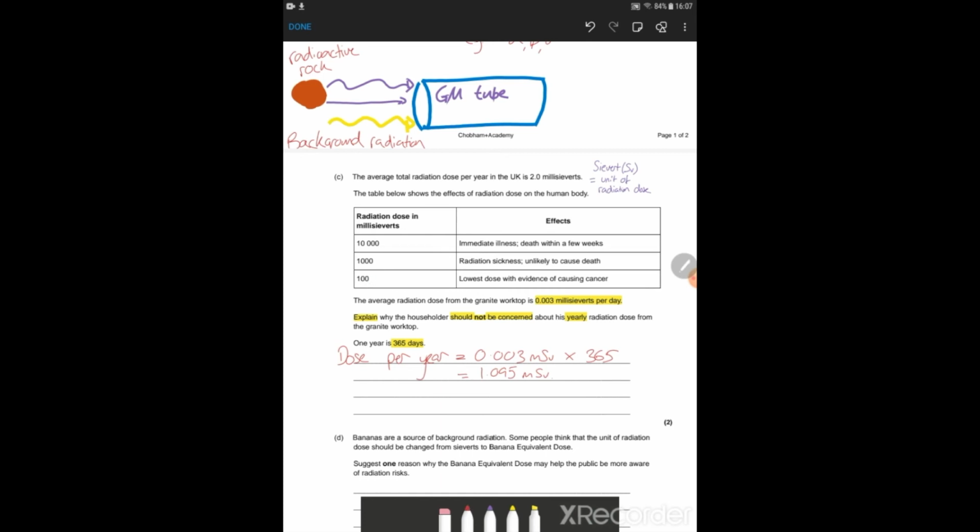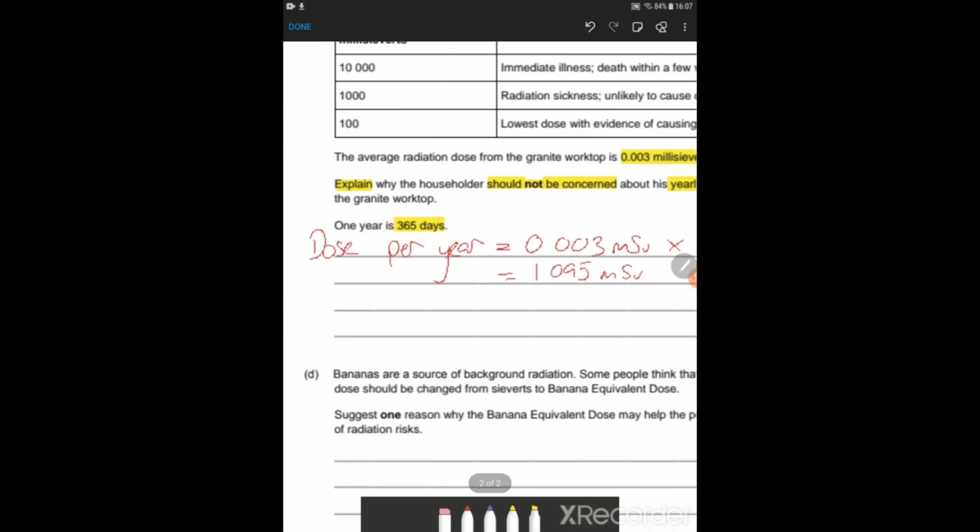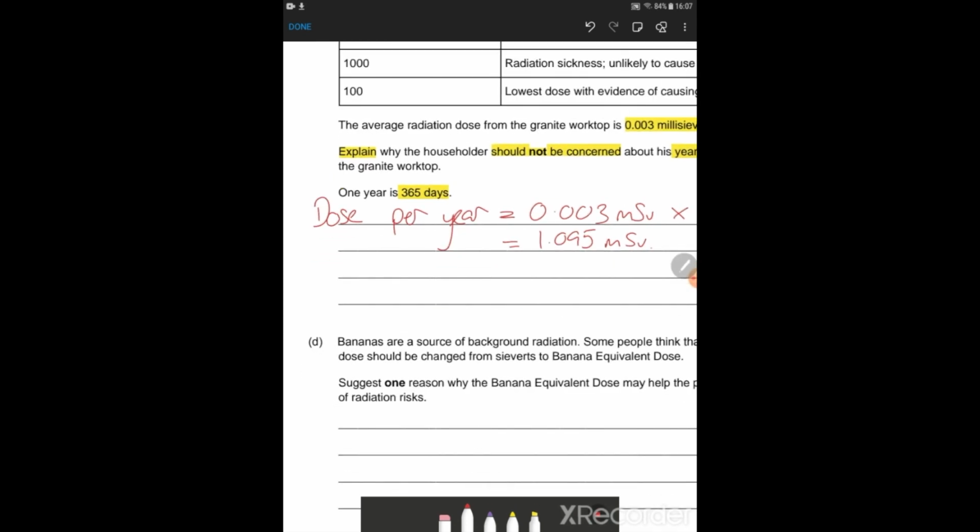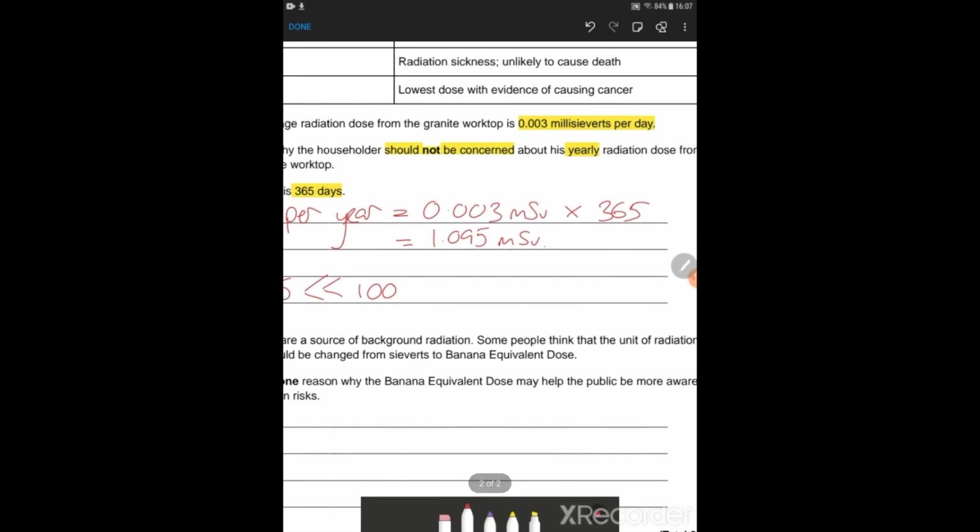So we can make the assumption that because 1.095 is far less than 100, the homeowner should not be worried. Okay?